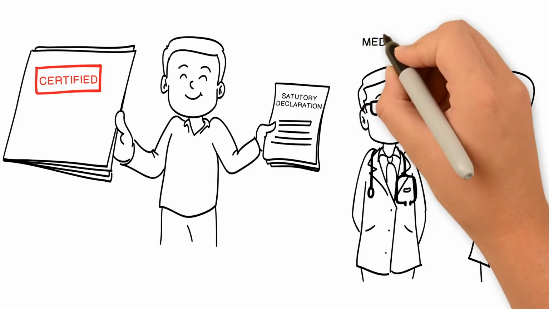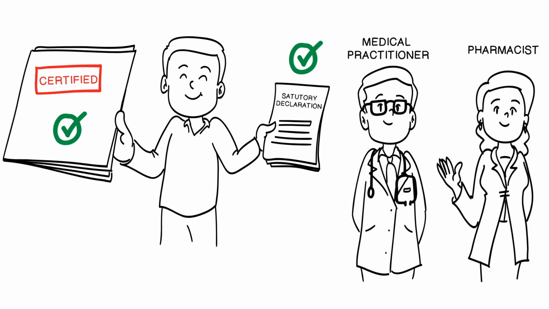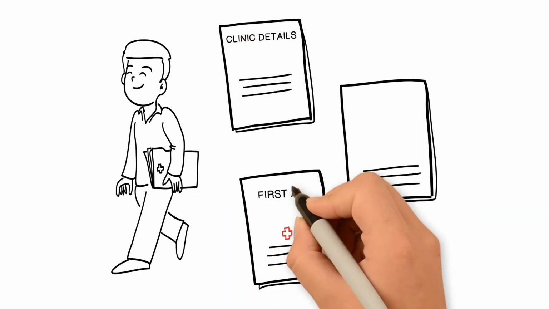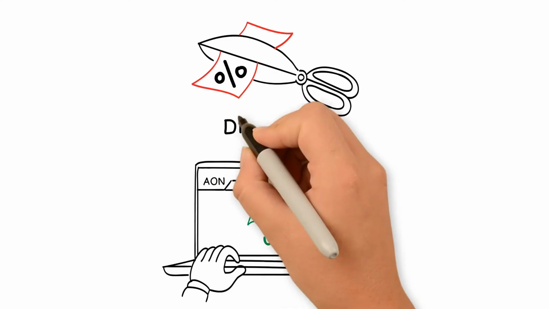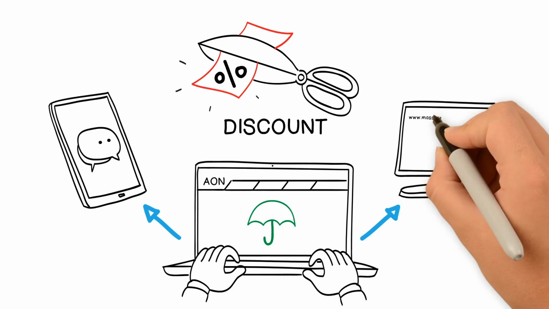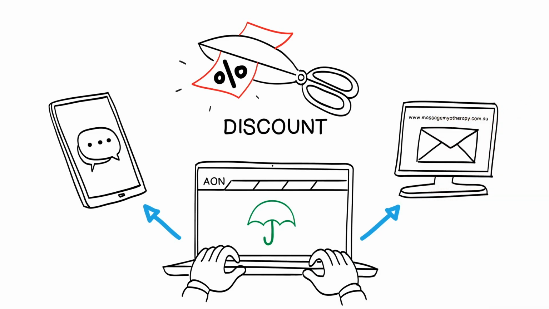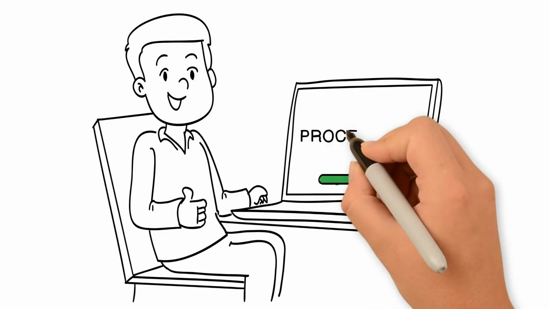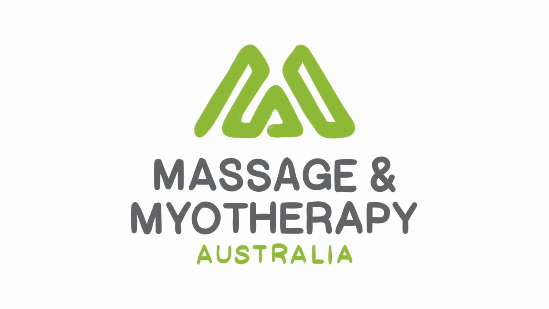Documents can be certified by members of certain professions, such as medical practitioners and pharmacists. Also ensure you provide clinic details, first aid certificate, and insurance certificate of currency. If you choose our preferred insurer Aon, you'll be eligible to receive a discount. Once your membership is processed, contact Aon directly via the Massage and Myotherapy Australia website. Once the association receives all required information, your application will be processed. Join now and choose the Association of Professional Therapists.